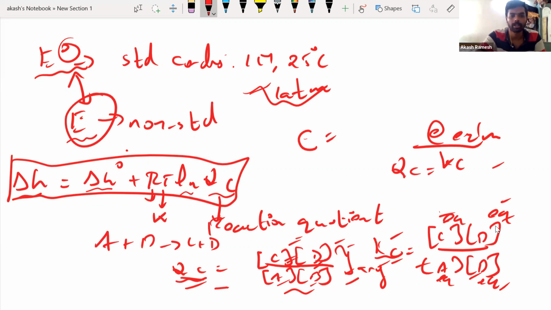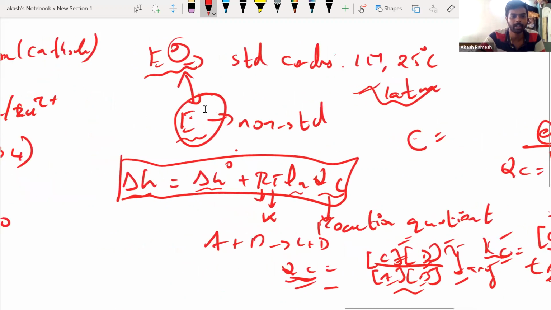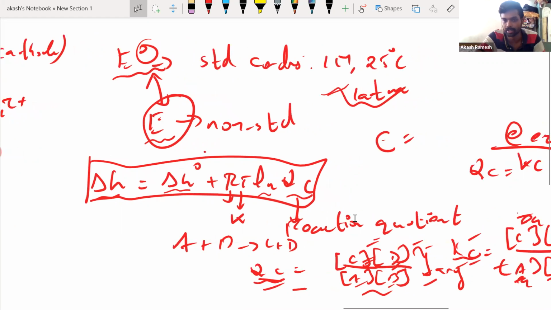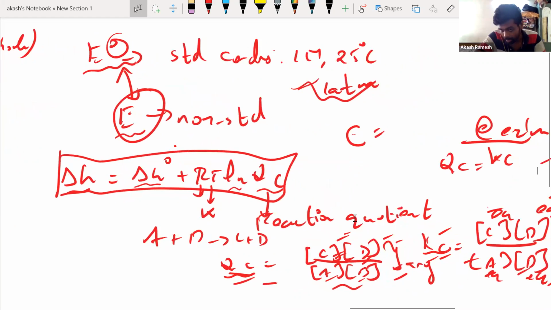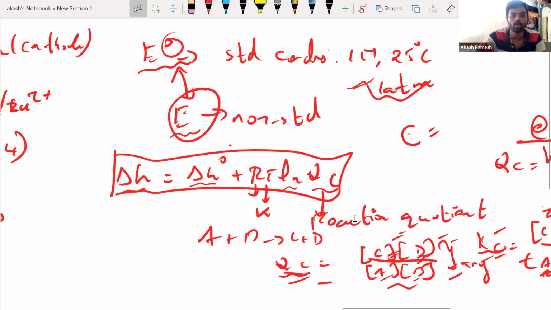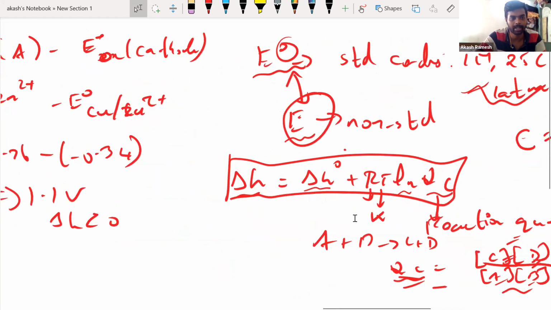Now why did we start all this? I told you we are going to connect the standard reduction potential to the non-standard reduction potential, and for that we use delta G. Delta G is equal to delta G naught, the standard Gibbs free energy, plus RT ln QC.